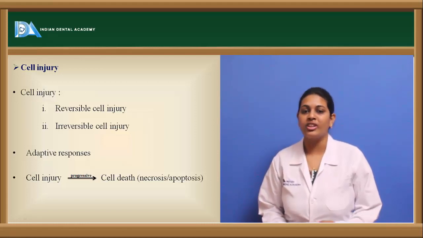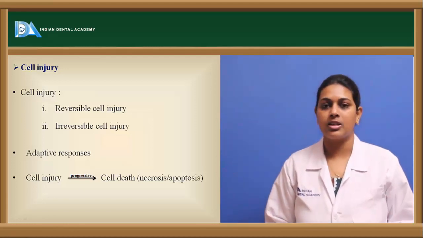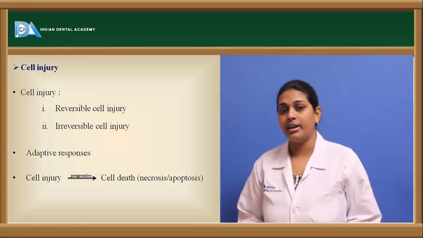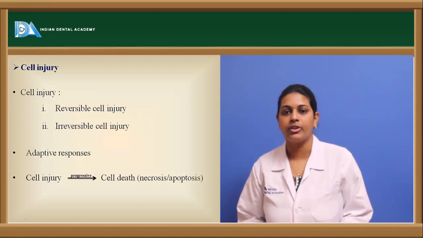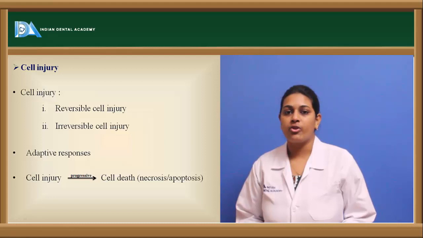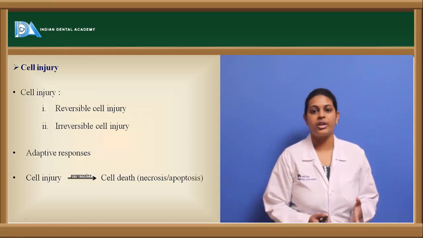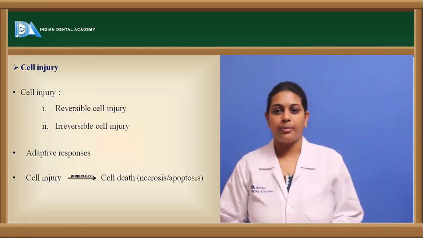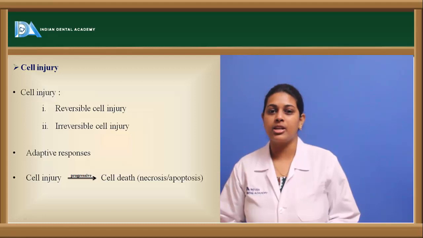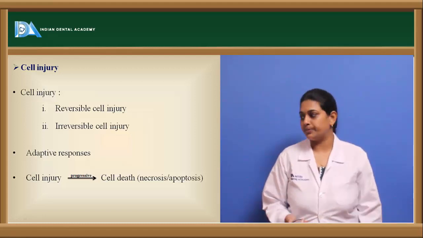Similarly, in hypertrophy, there will be an increase in the size of the organ because of an increase in cell size. And metaplasia is the change of one form of cell into another form, where we can see a transformation of columnar epithelium into squamous epithelium in cases of allergic conditions, which is a kind of adaptive response.